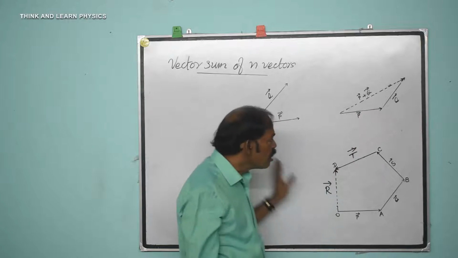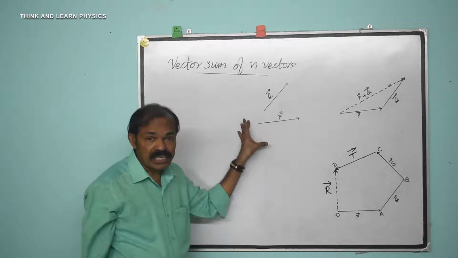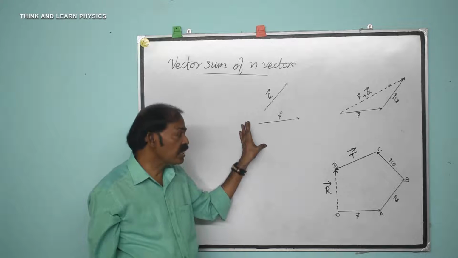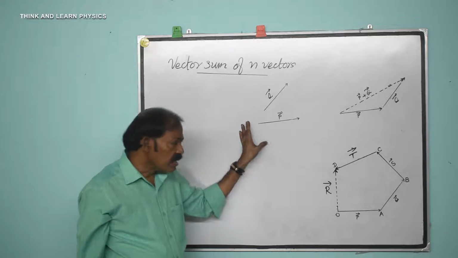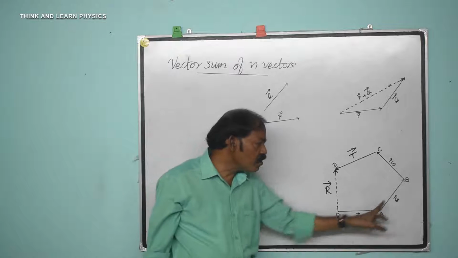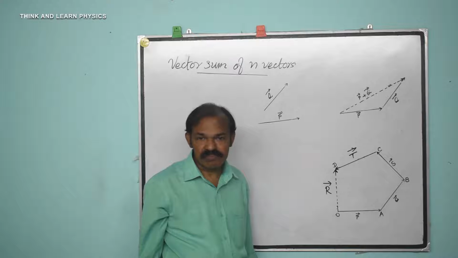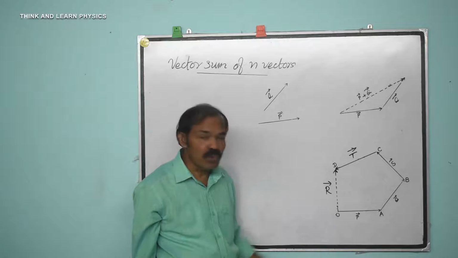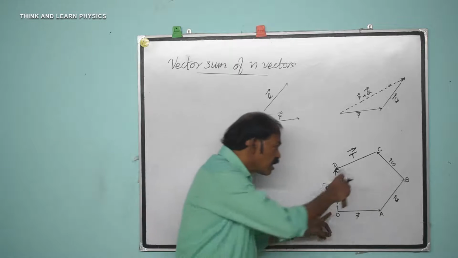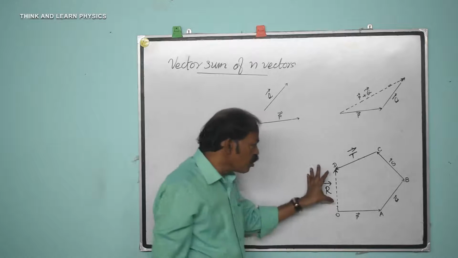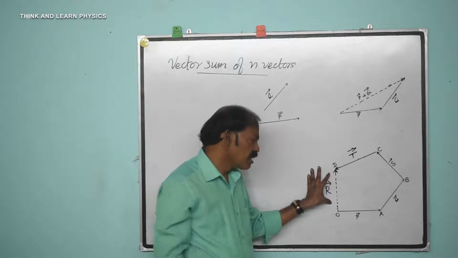Okay. Now if you have a number of vectors, then we can represent the vectors by the sides of an open polygon taken in the same order. That means this is an open polygon, it is not closed at this side.